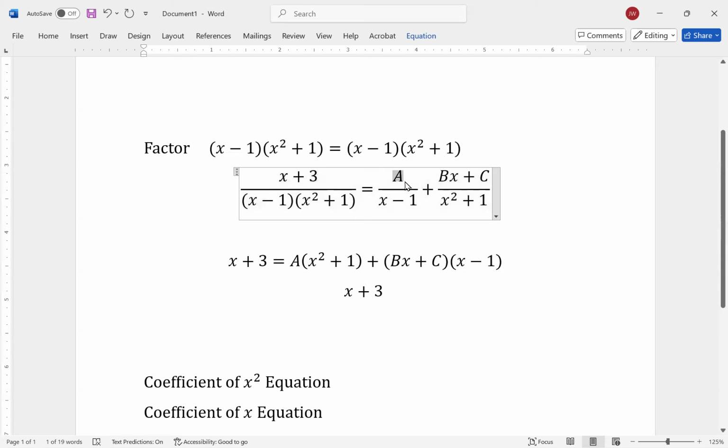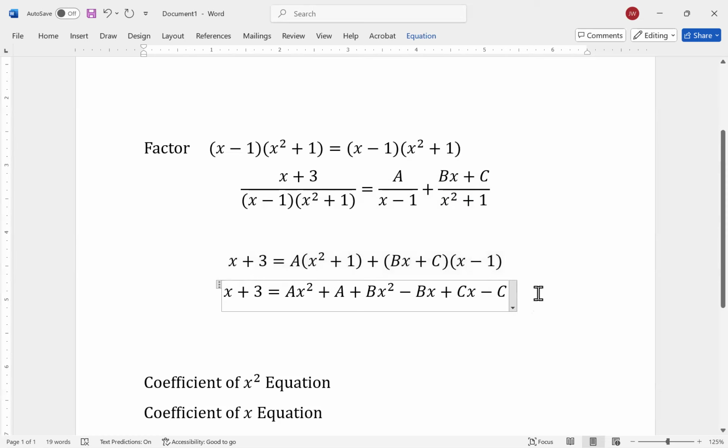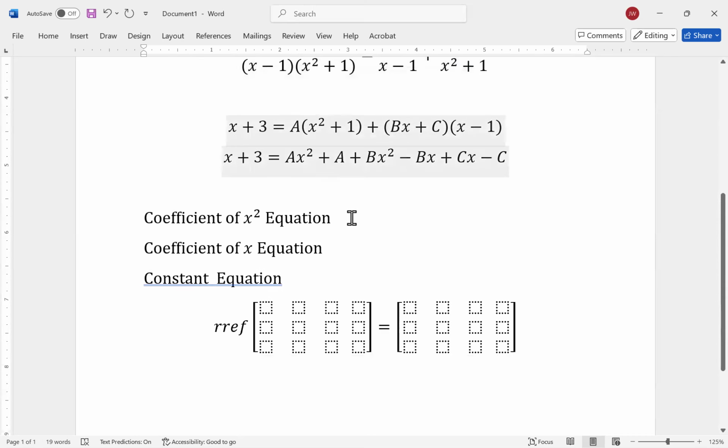The right-hand side numerator would become Ax squared plus 1A, plus Bx squared, minus Bx, plus Cx, minus C, when it's all multiplied through.